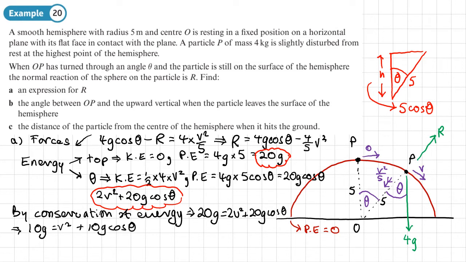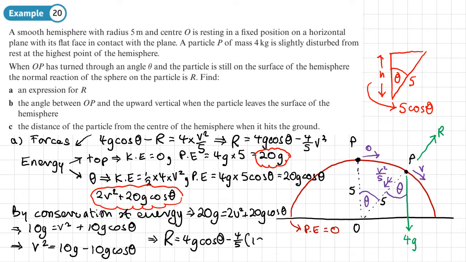Rearrange it to make v squared the subject, so that v squared is equal to 10g minus 10g cos theta. Now that is going to go here in this expression. So now I can say that R is equal to 4g cos theta minus 4/5 of v squared, which is this 10g minus 10g cos theta.